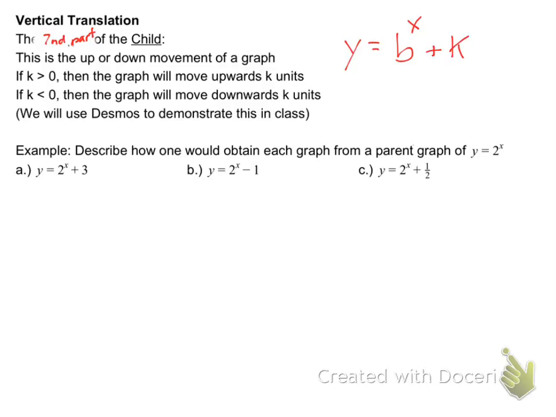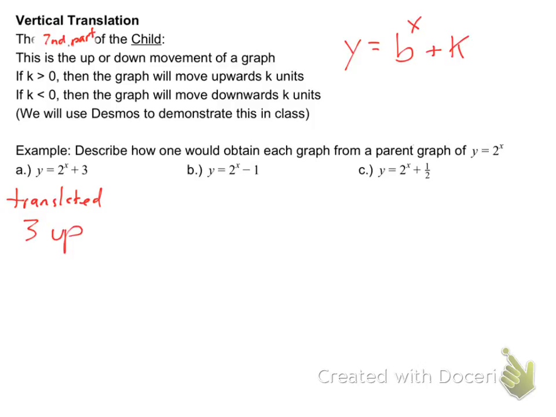Okay? So, individually, for A, you would say what? It's translated, not all at once. We're doing A. There's a 3. So it's 3 up.